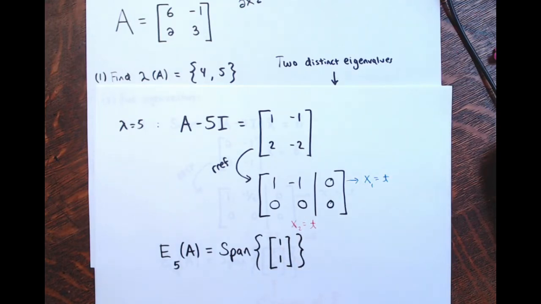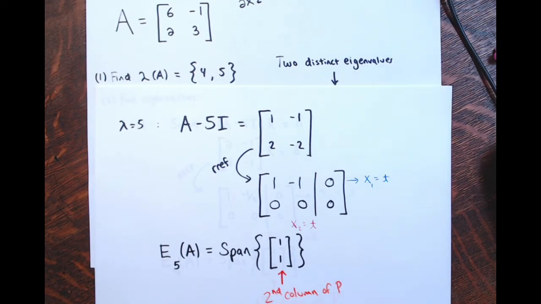And this vector (1, 1), or any scalar multiple of it, I'll make this the second column of P. There, I have found my two independent eigenvectors.